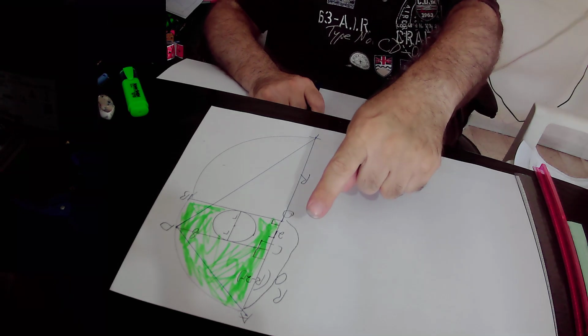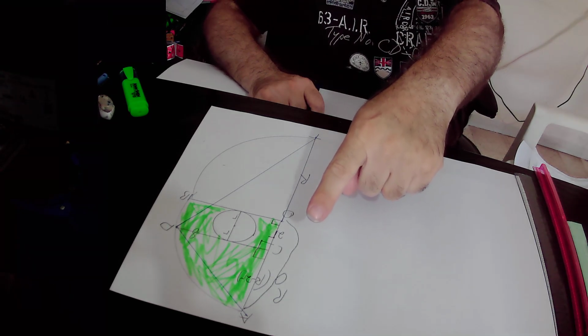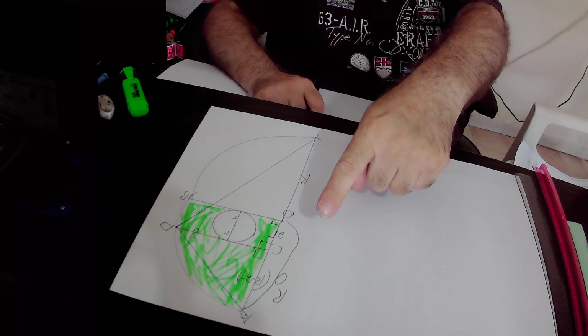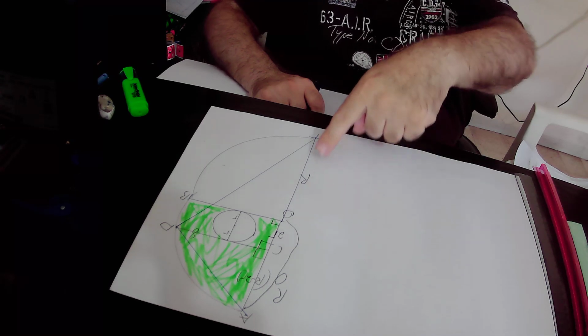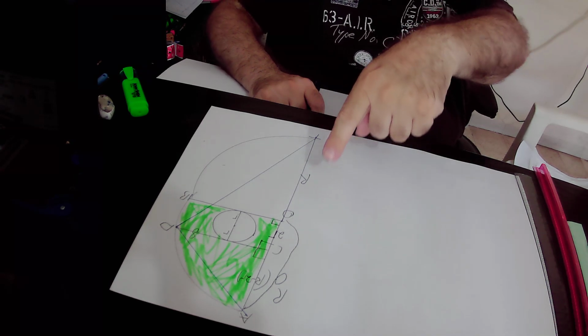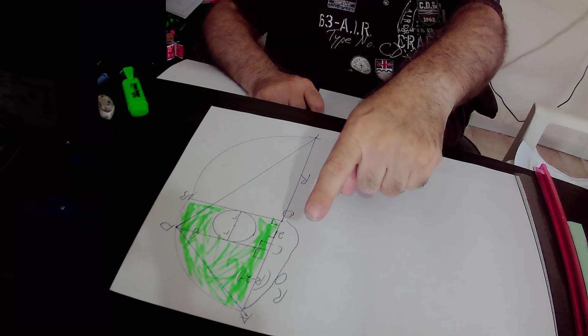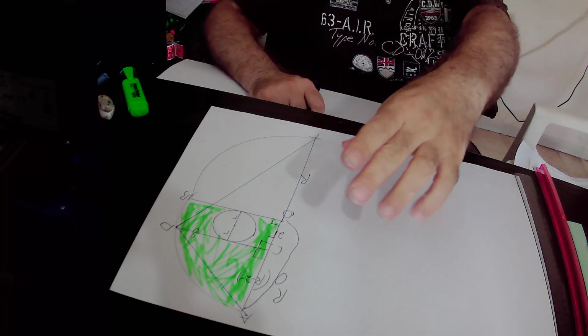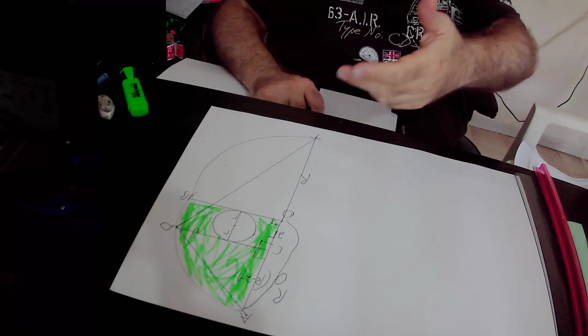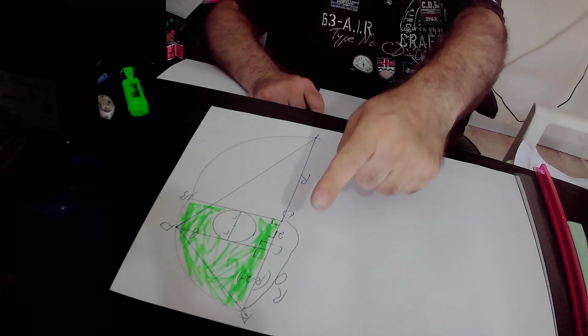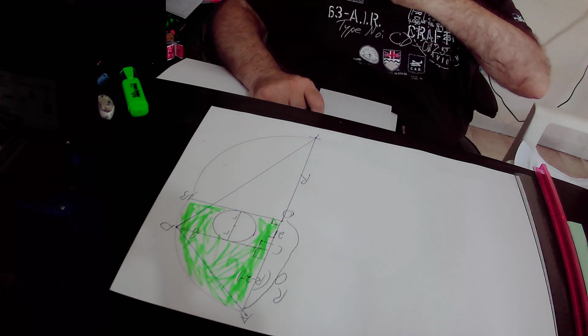Here we extended the radius AO by a straight line. In this way, we created line segment AT. When you extend a straight line by a straight line, the result is a straight line. Therefore, AT must be a straight line.